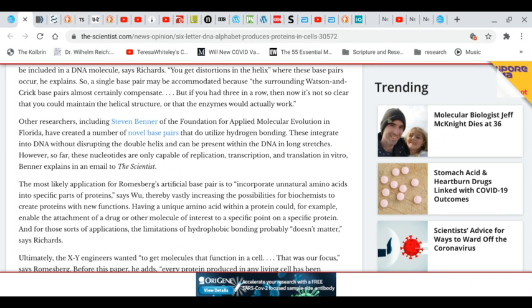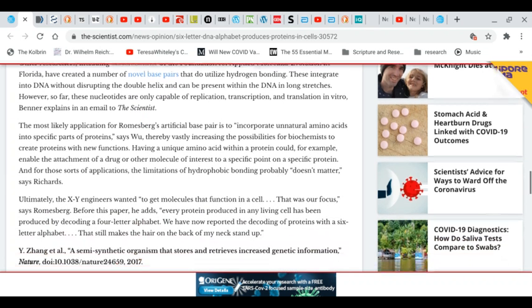However, so far, these nucleotides are only capable of replication, transcription, and translation in vitro, Benner explains in an email to The Scientist. Most likely application for Romesberg's artificial base pair is to incorporate unnatural amino acids into specific parts of proteins, says Wu, thereby vastly increasing the possibilities for biochemists to create proteins with new functions.